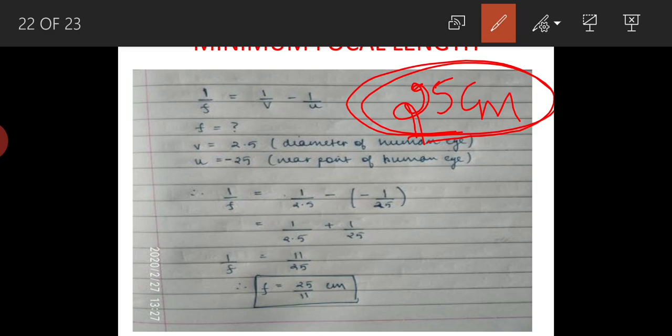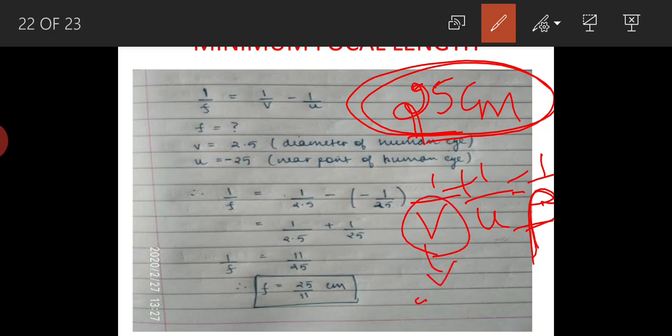So we use the convex lens formula 1/v + 1/u = 1/f in order to find the focal length. Here v, the image distance, is always fixed, that is 2.5 centimeters. The object is placed nearest to the eye, at the least value of 25 centimeters.